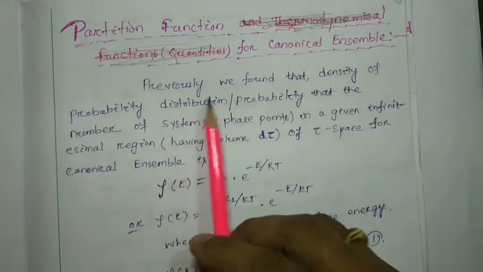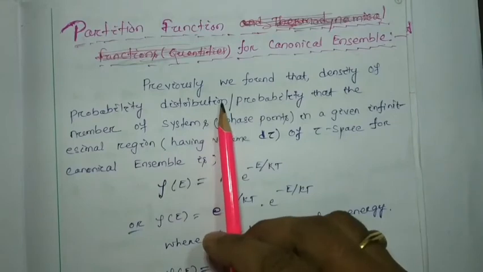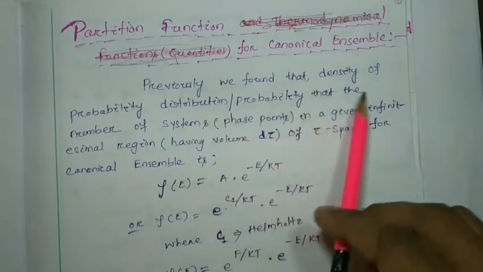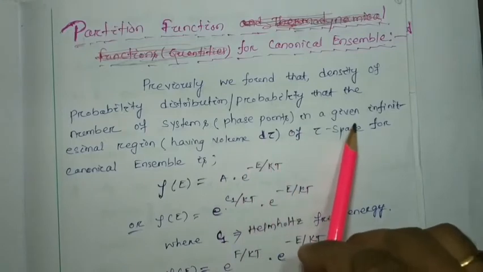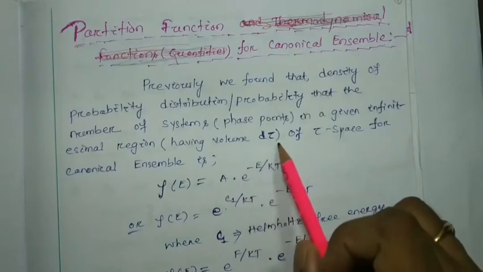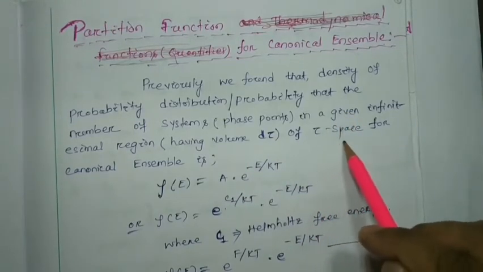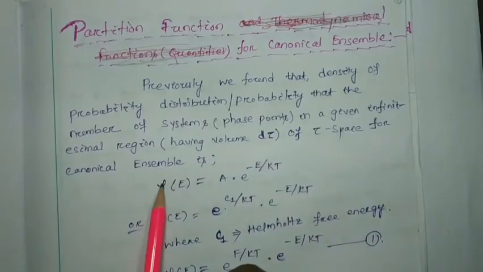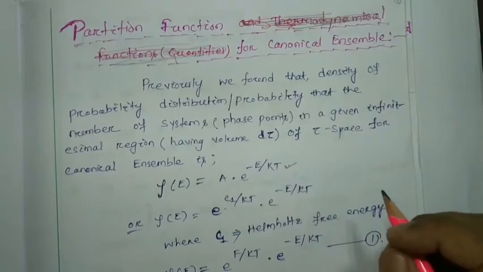Previously we found that the density of a probability distribution, or the probability that the number of systems or phase points in a given infinitesimal region having volume d tau of tau space or your phase space for the canonical ensemble, is this one. Where did we get this expression? Here.